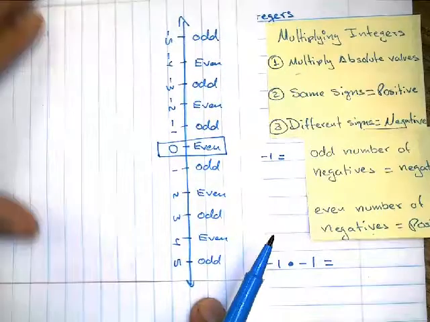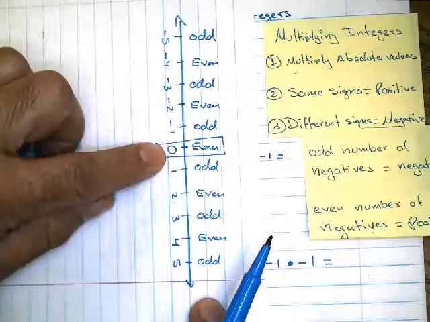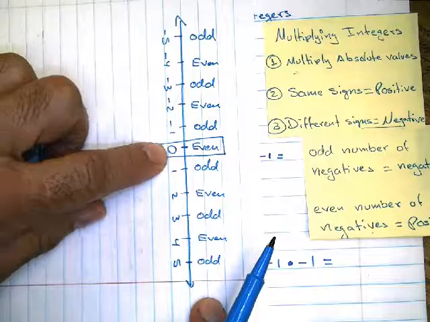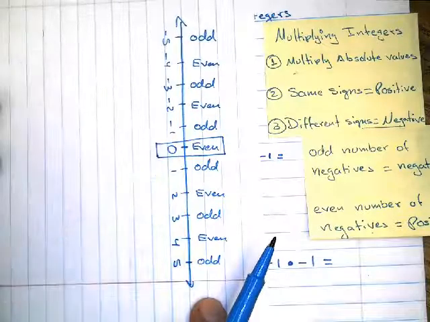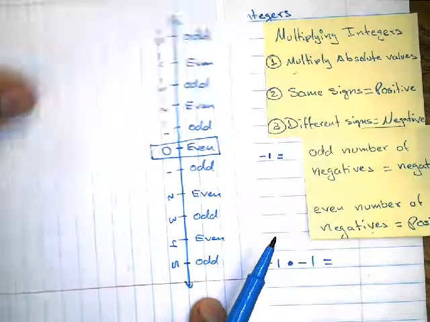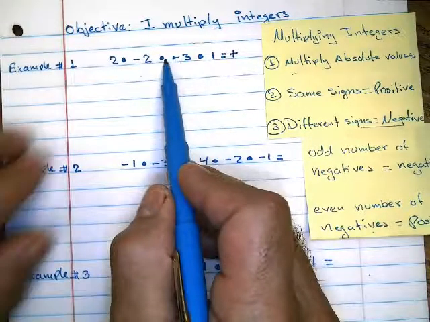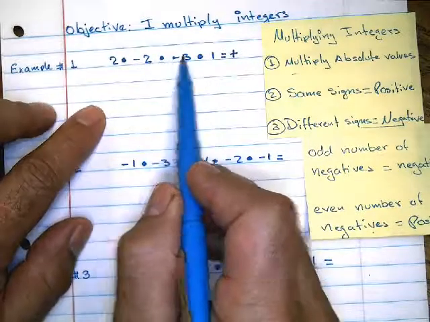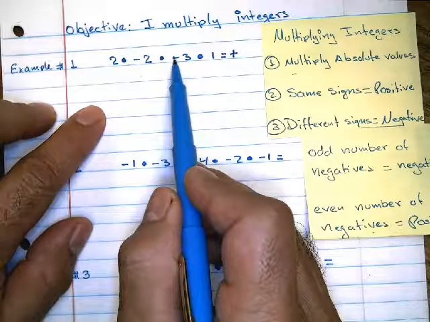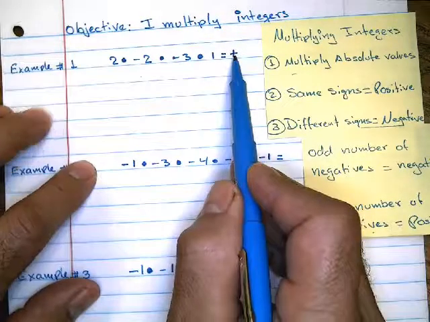All right? So just remember, 0 is in the middle, that's even, and from there it alternates between even and odd. So we have two negative numbers, that's an even number of negatives, so the answer will be positive.